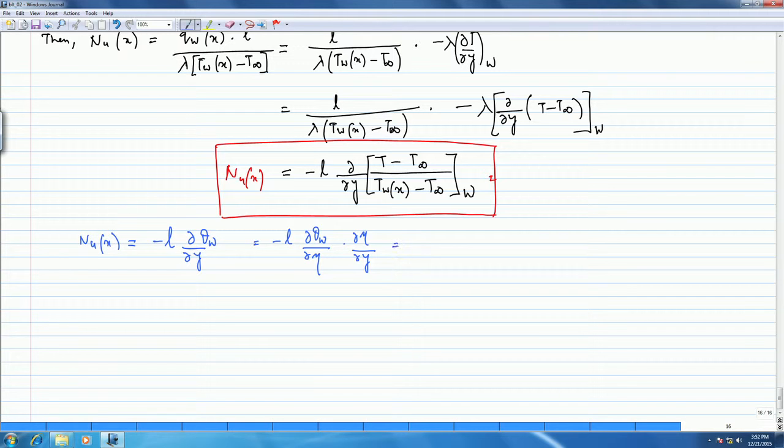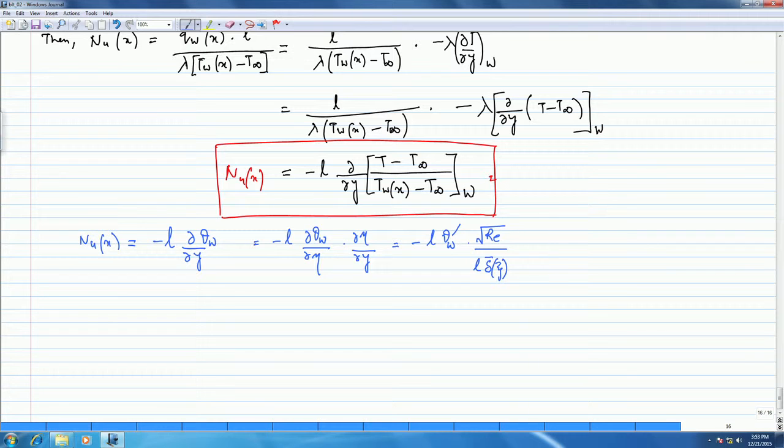So this is equal to minus L, theta w, this is the derivative of the temperature difference. So you are taking a derivative with respect to eta, and del eta del y is nothing but the square root of Re by L, delta bar value of zeta. So these two L's will cancel out.